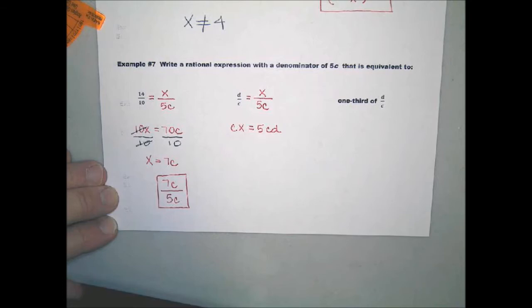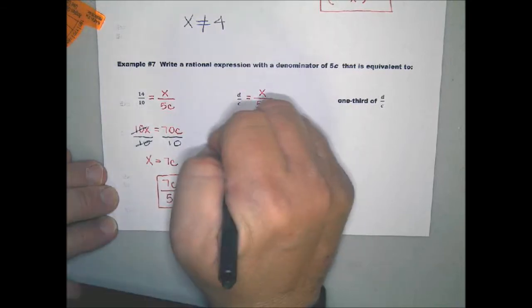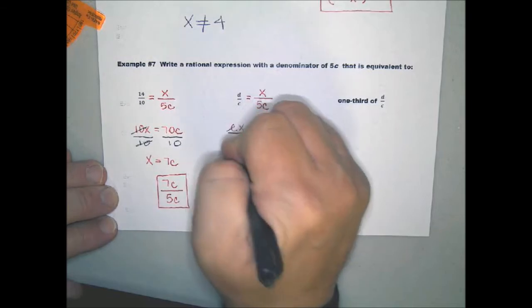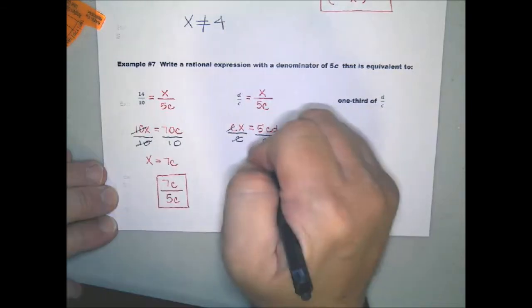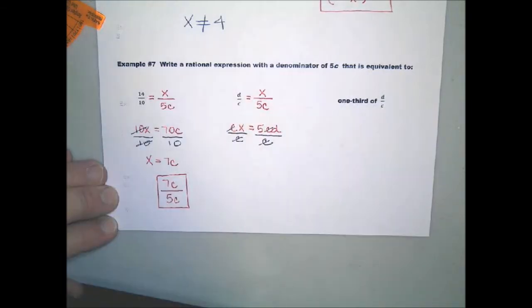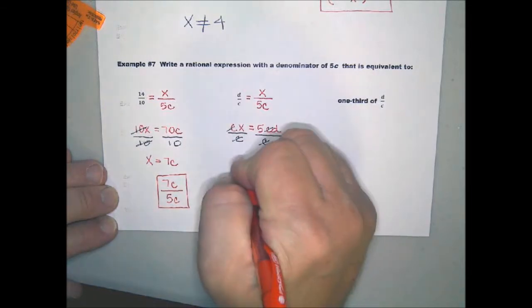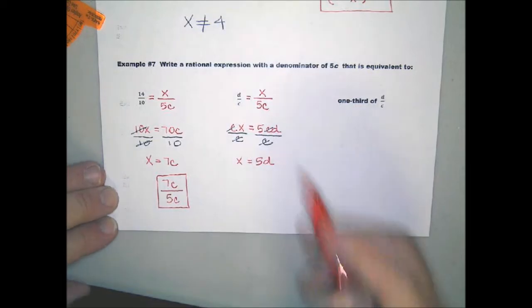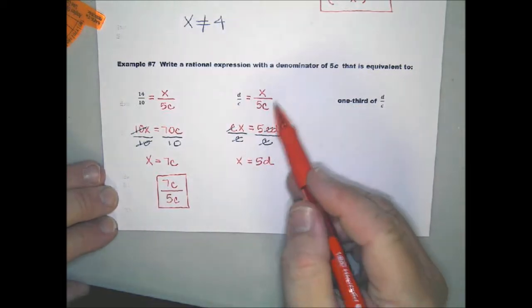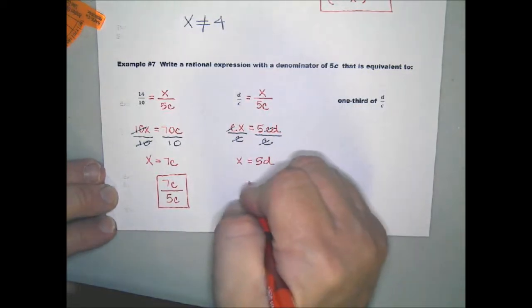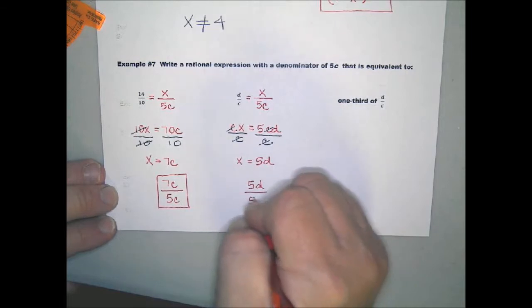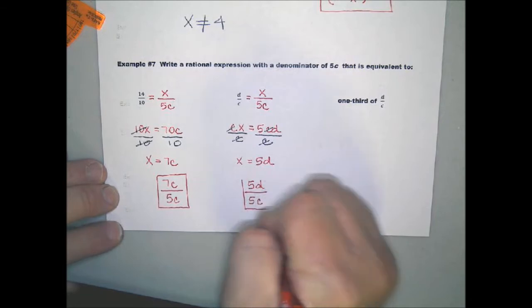Now solve for x, so I'd be dividing both sides by c, and I'd get x equals 5d. So if that's the numerator I would need, then my fraction would be 5d over 5c.